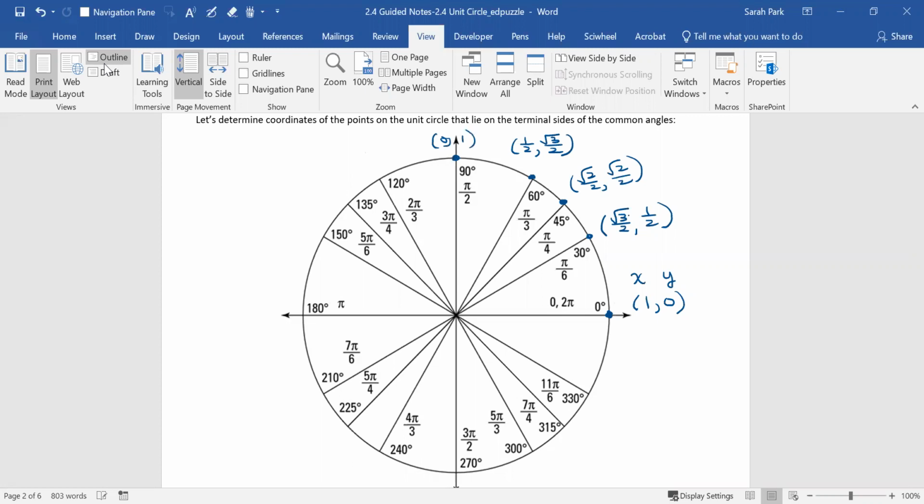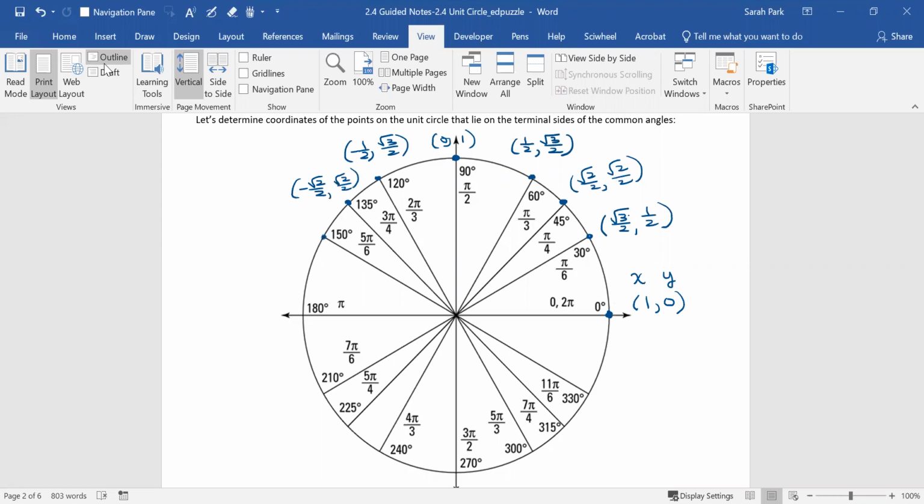Okay, going to 120 degrees or 2 pi over 3, we have negative 1/2 and root 3 over 2, because now we're on the negative x values on the left-hand side of the coordinate plane. At 3 pi over 4, we have negative root 2 over 2 and positive root 2 over 2.